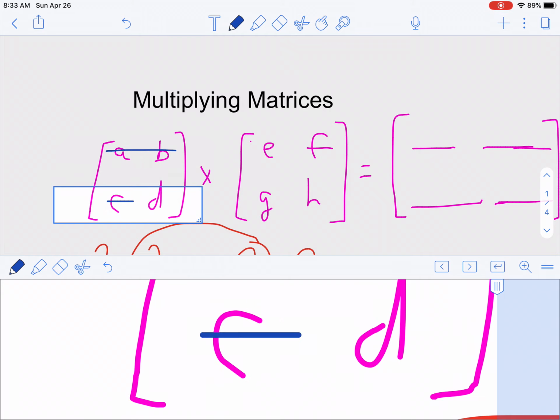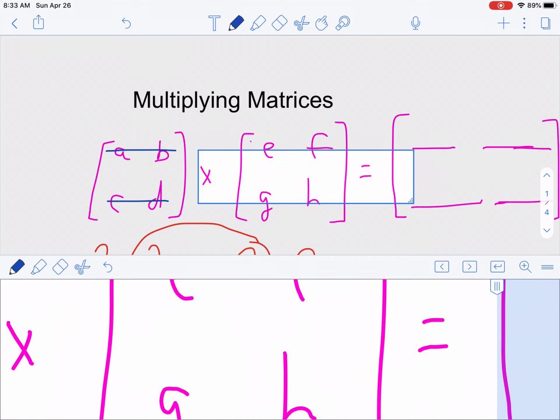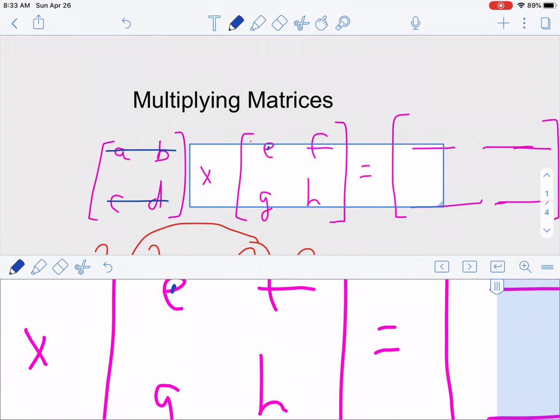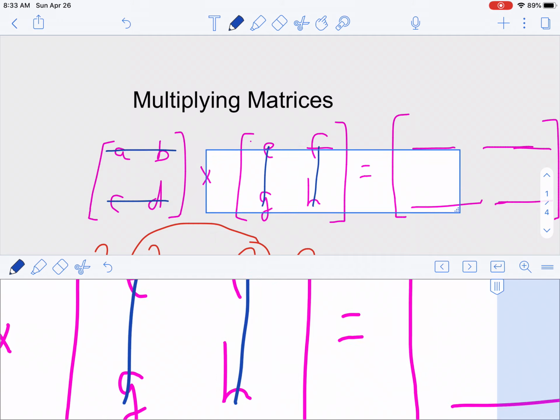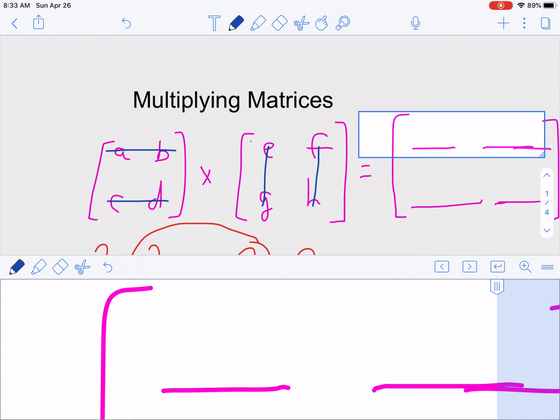And in the second matrix, it's the columns. On our resulting matrix, this location up here in the top is the first row and first column.